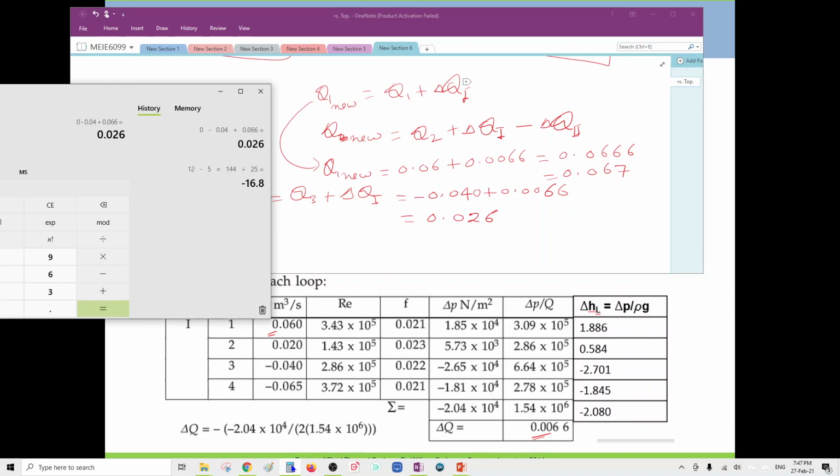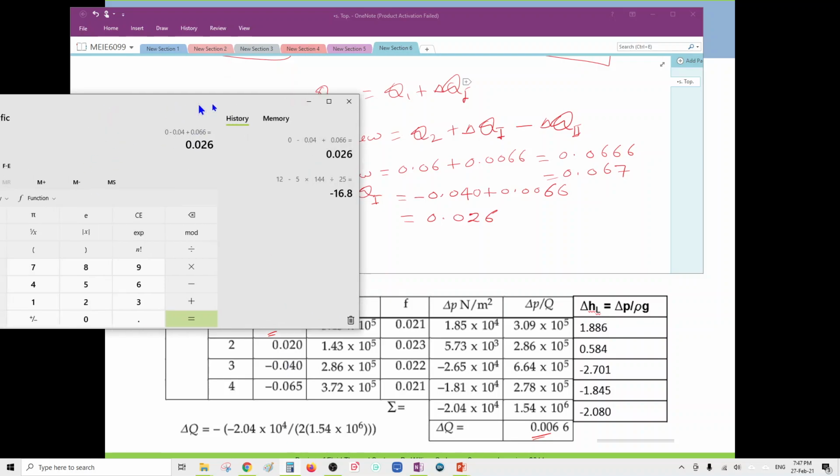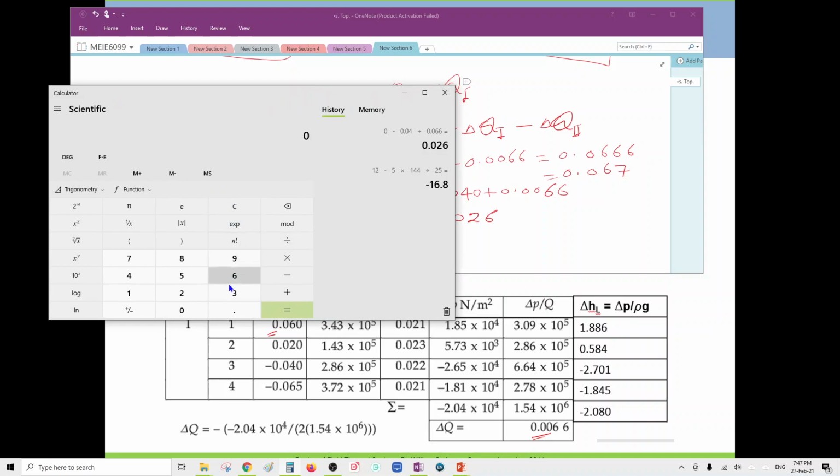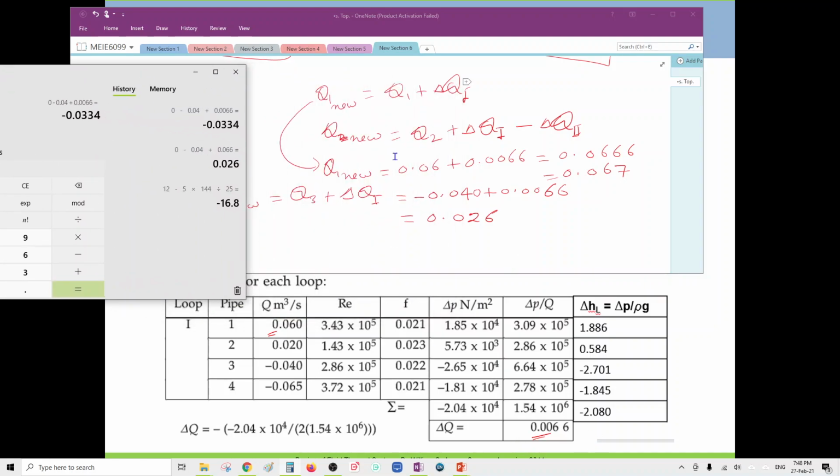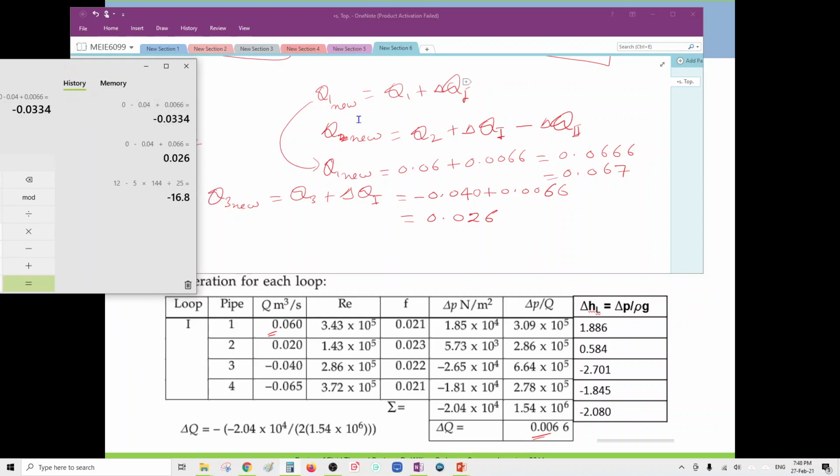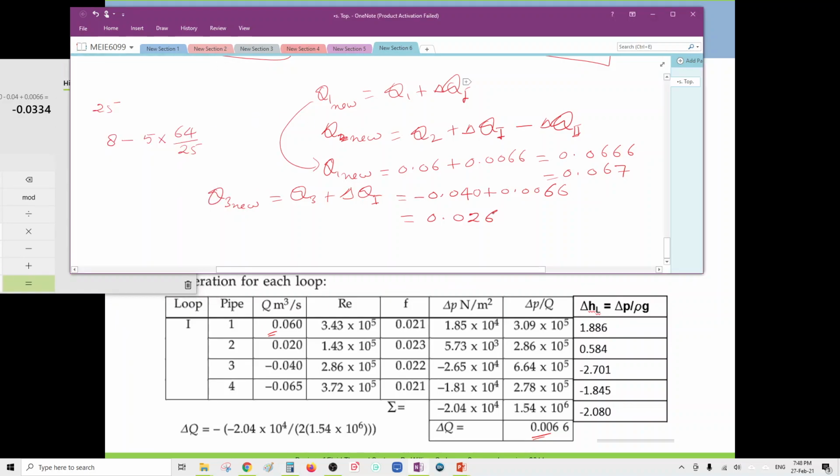No, I'm making a mistake. Sorry, again, cancel this. Minus 0.04 and plus 0.0066, this is our delta Q1. So the result is not this one.